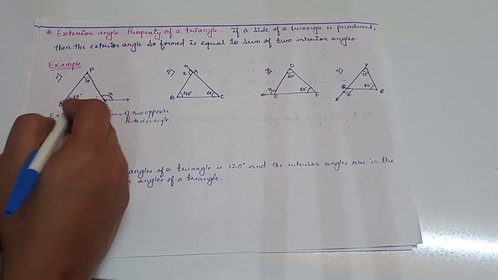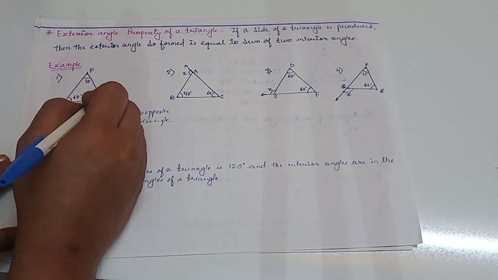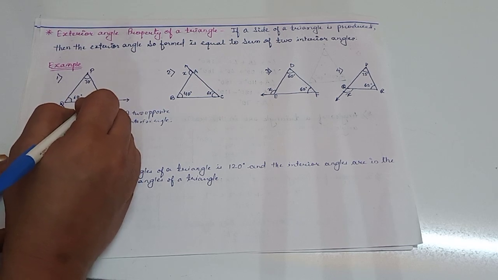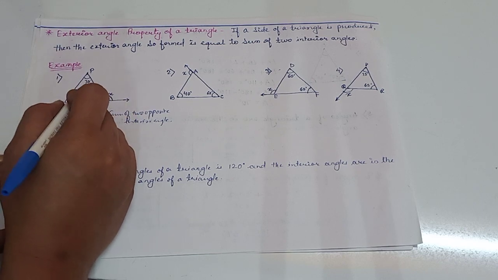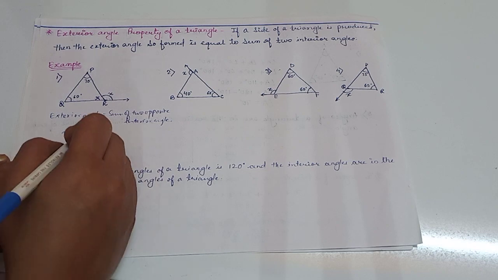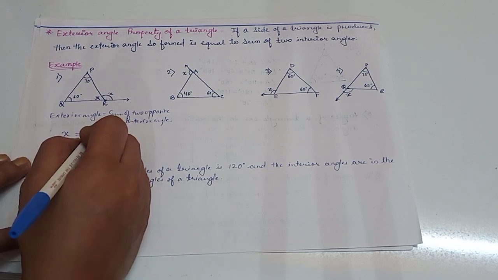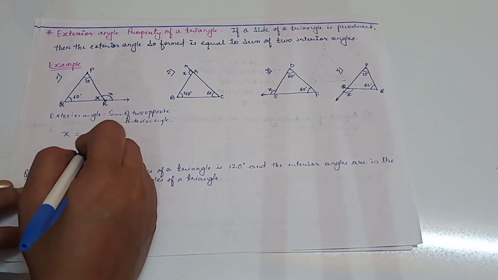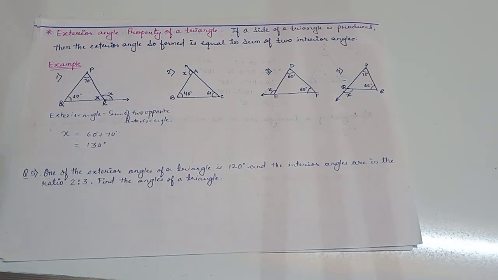What will be the opposite interior angles? We will not take the adjacent angle which is exterior. Like if this is exterior, I will not take this angle. I will take the rest two angles. This is 60 and 70. So here the sum of the two angles, that is 60 plus 70, will give us 130 degrees.